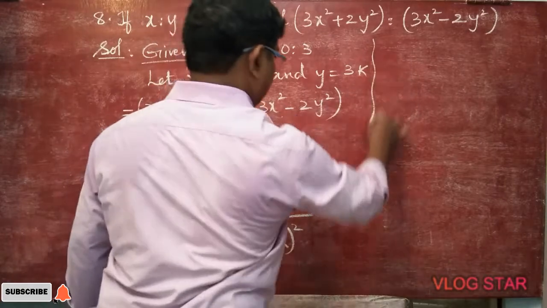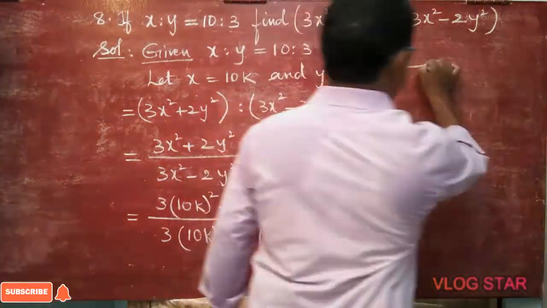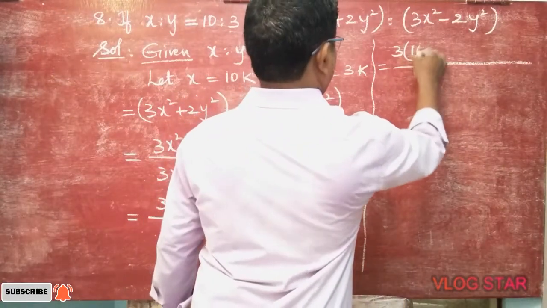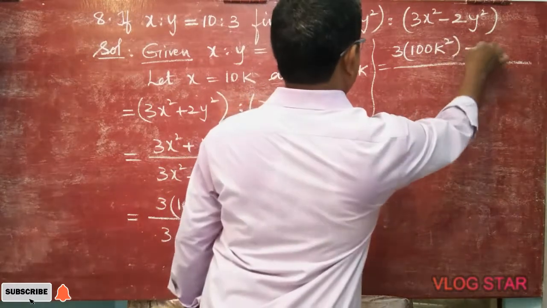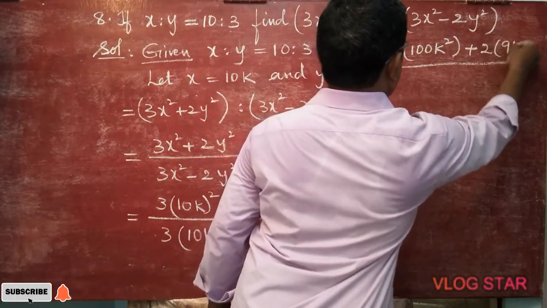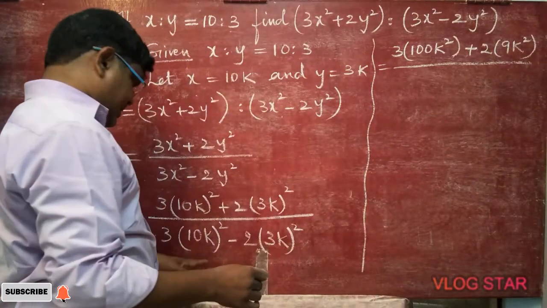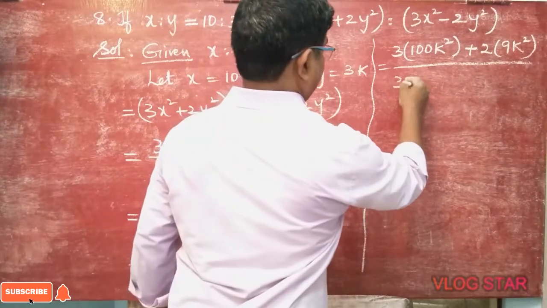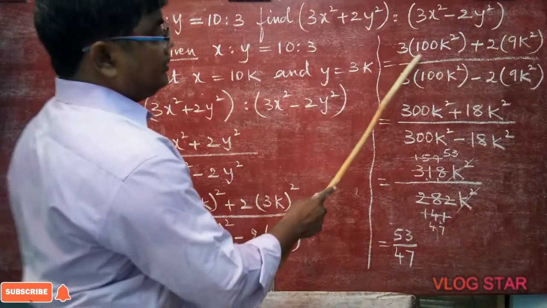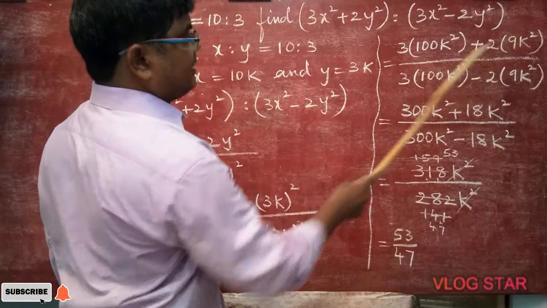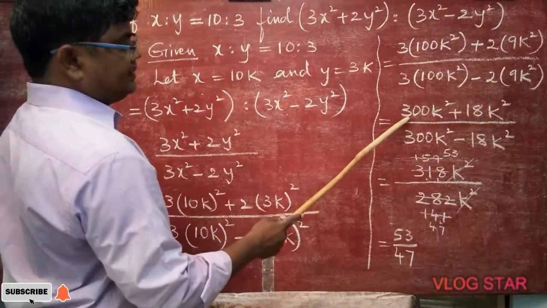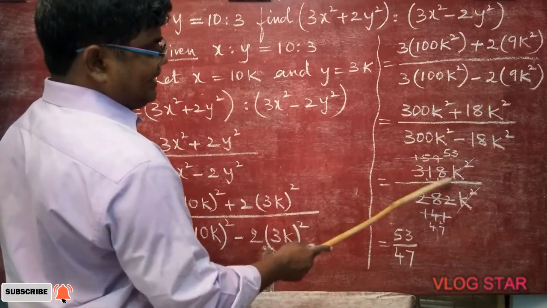Now that is equal to 10 tens are 100k square. 3 into 100k square, 3 3s are 9, here plus 2 into 9k square, divided by, again the same, minus, 3 into 100k square, 2 into 9k square. Now add 300 plus 18 is 318k square.